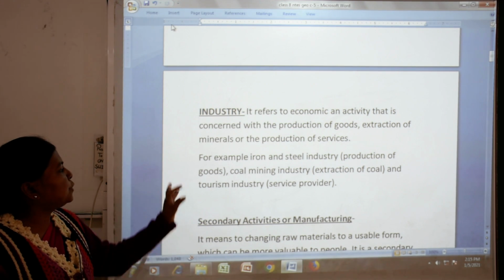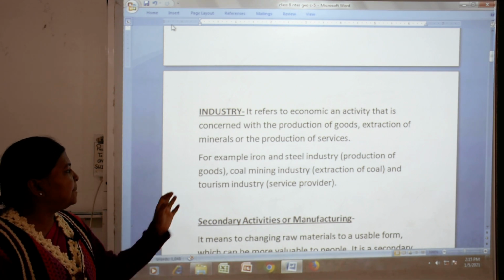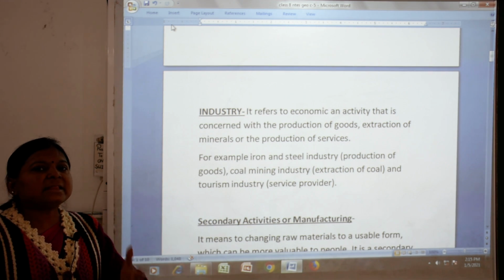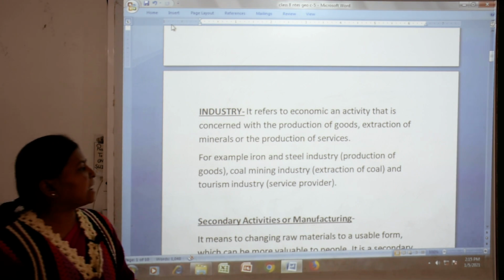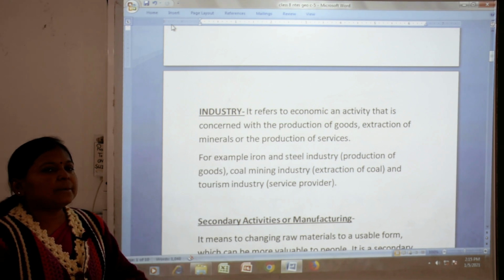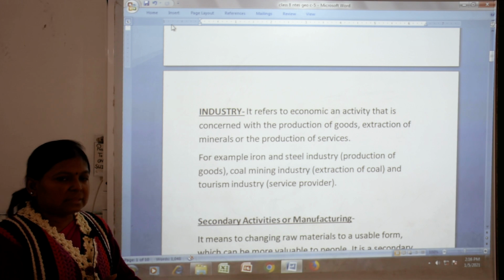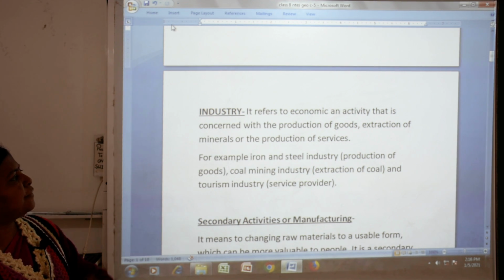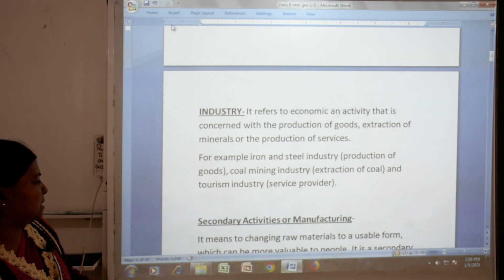Iron and steel industries help in the production of goods. Coal mining industries do the extraction of coal. And tourism industries provide services. So, these industries help in different economic activities.